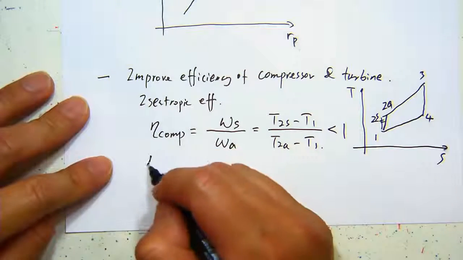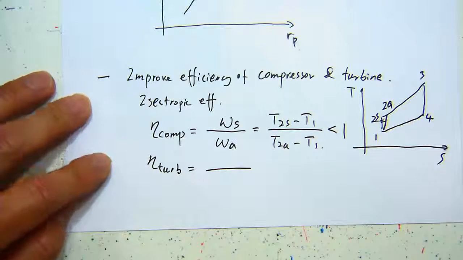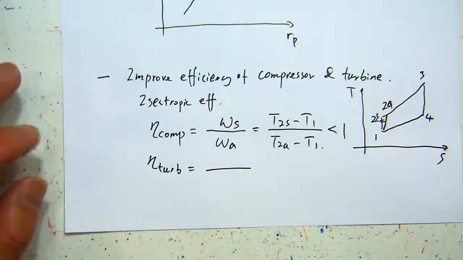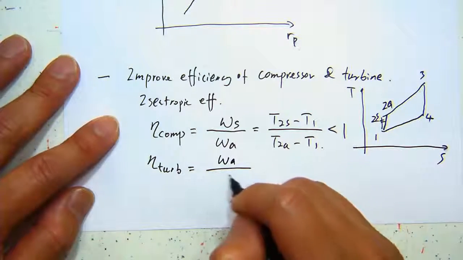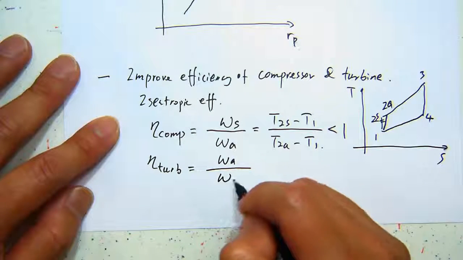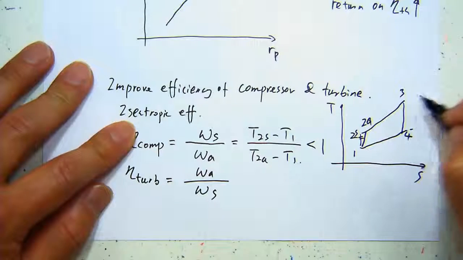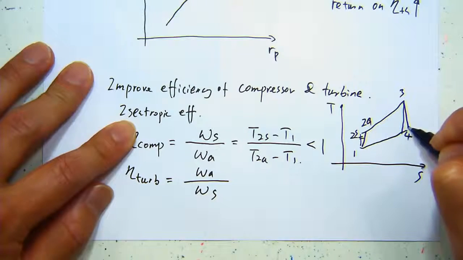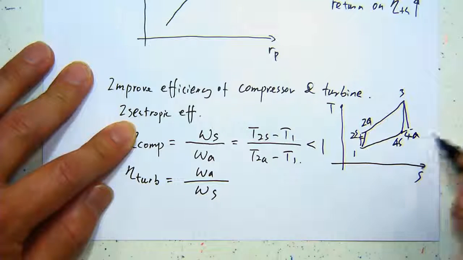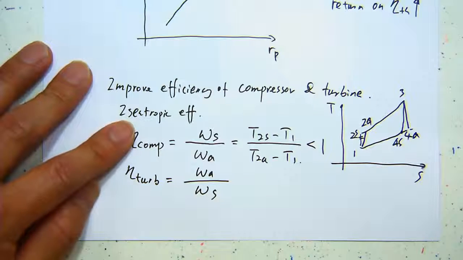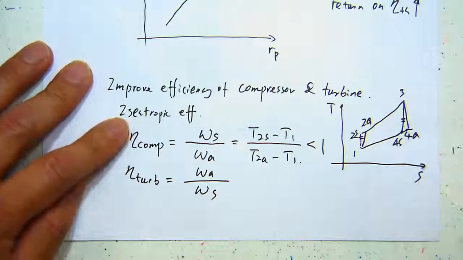And similarly for the turbine, it is the opposite. What you can get is always less than the ideal case, right? It is the actual work delivered by the turbine versus the isentropic case. So there you would have something like this. This is our 4s and this is our 4a. So the isentropic case will be replaced by this actual case.